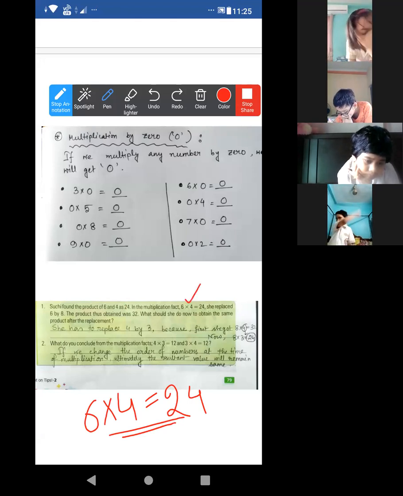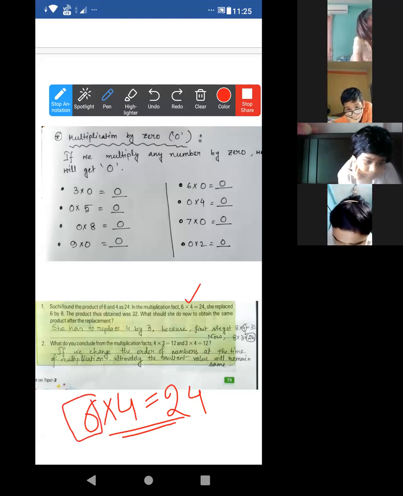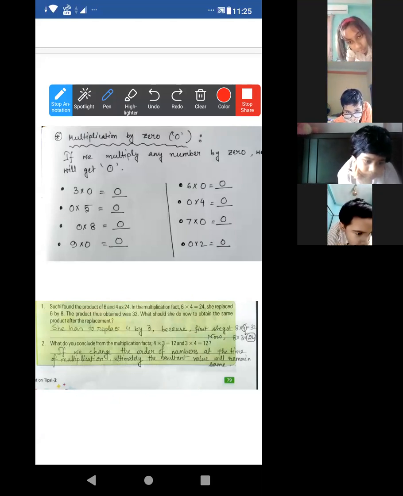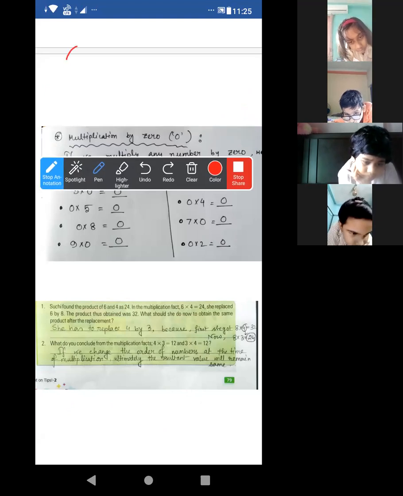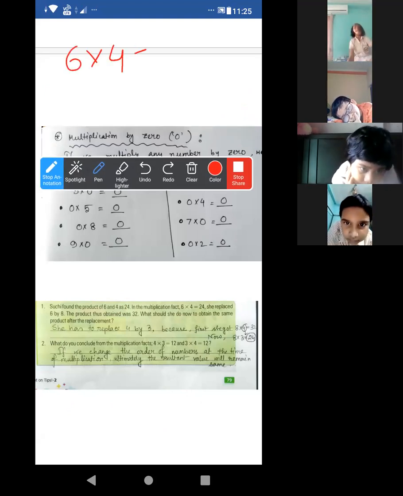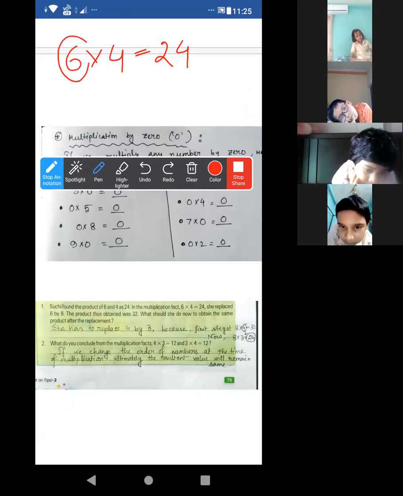She replaced 6 by 8. Replaced means she changed the value. This one is 6 into 4 is equal to 24. But in place of 6, she replaced it by 8, and 4 remains the same.